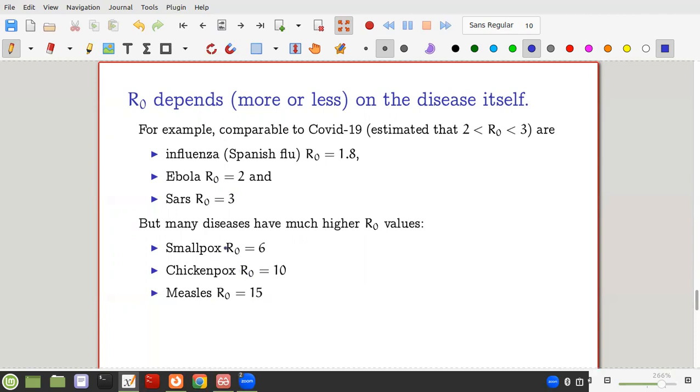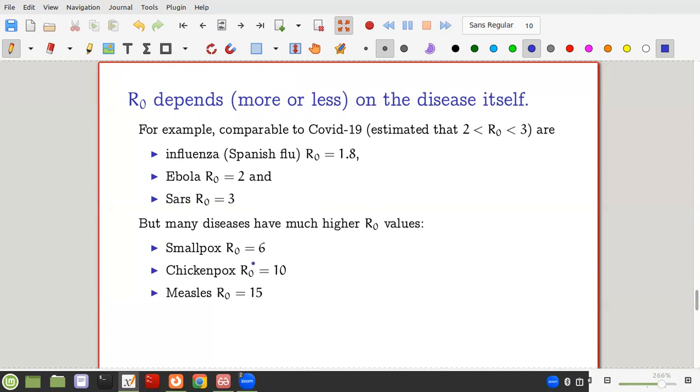So with these high R naught diseases, because they're so infective, methods that are only partial, like masks and quarantine, just don't work because nothing's ever perfect with masks and other measures. It's so infective that the only hope is vaccines.